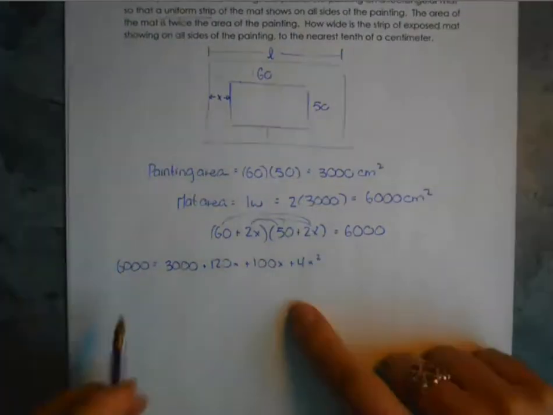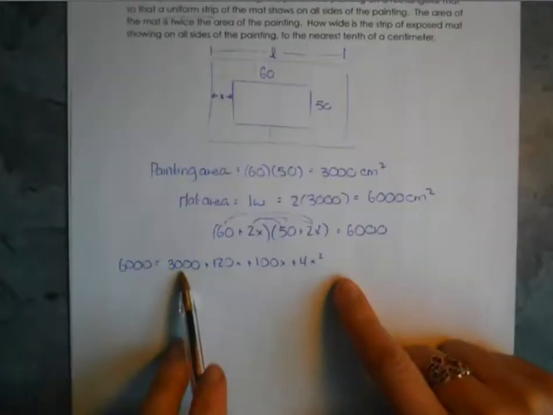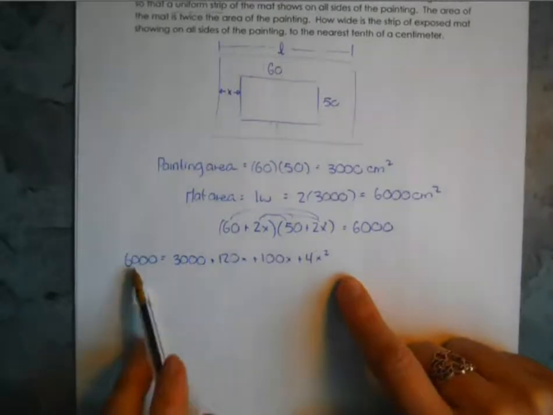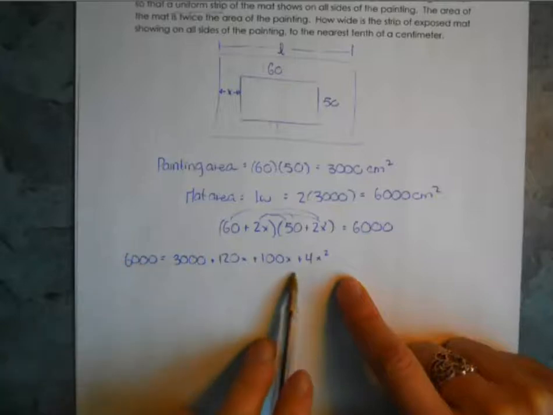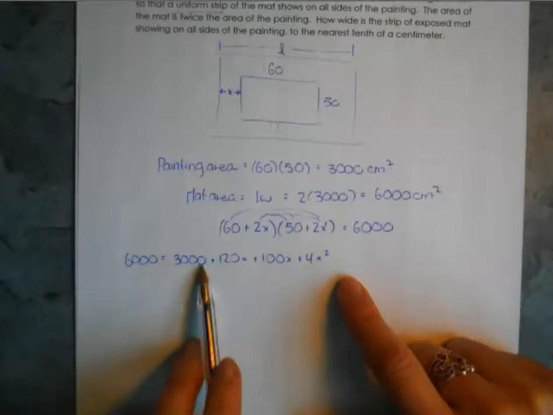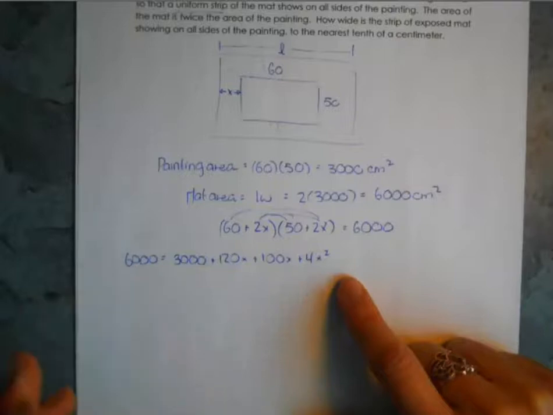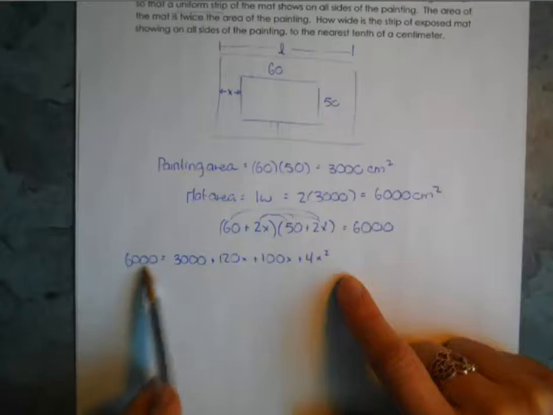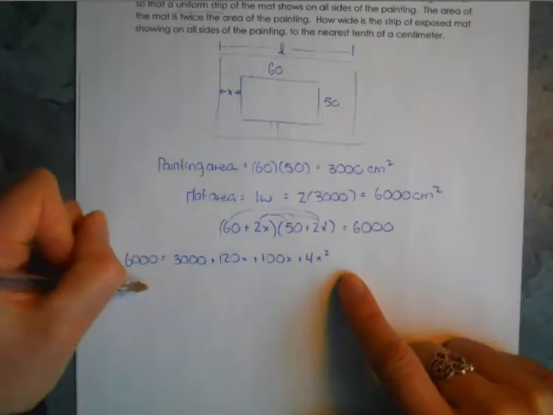Okay, now simplify. Just remember you want to keep your like terms together. Because we're dealing with some pretty big numbers, I might just want to use the quadratic formula and not worry about trying to factor, so I'm going to move this 6,000 over to set it equal to 0.